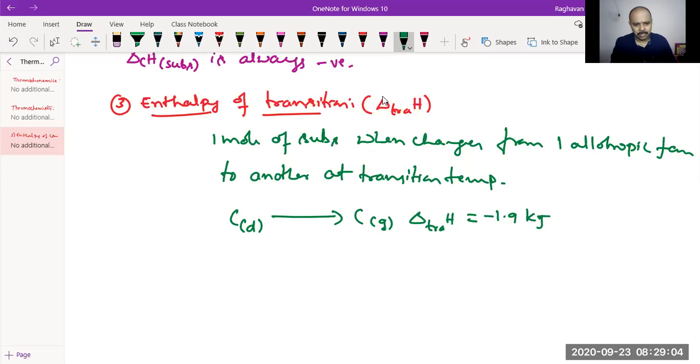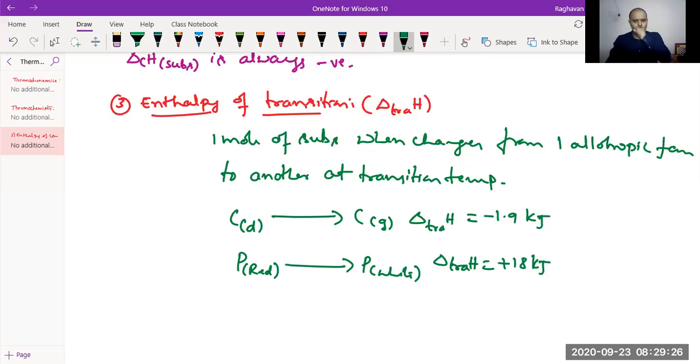Like that, you can go for red phosphorus to white phosphorus, which I remember is plus 18. Tell me, which is more stable?